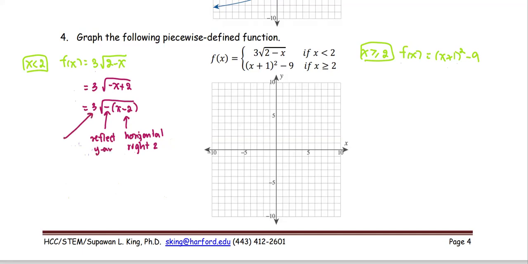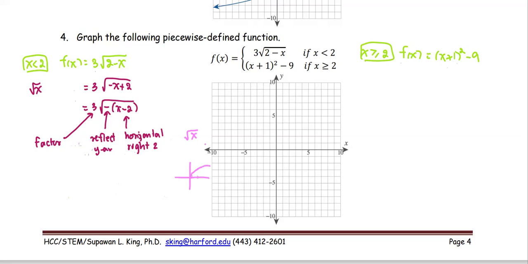And the 3 is the factor multiplied to the function value. That means the height is going to be 3 times taller than the original function, which is the square root of x. If we start with the more basic function, square root of x, the graph will be in this form.